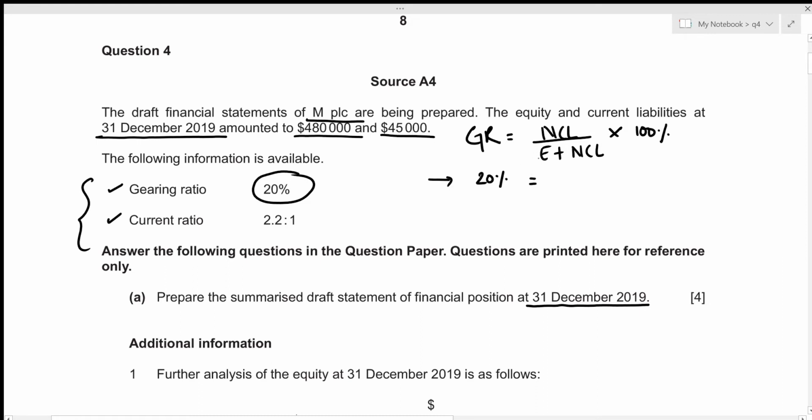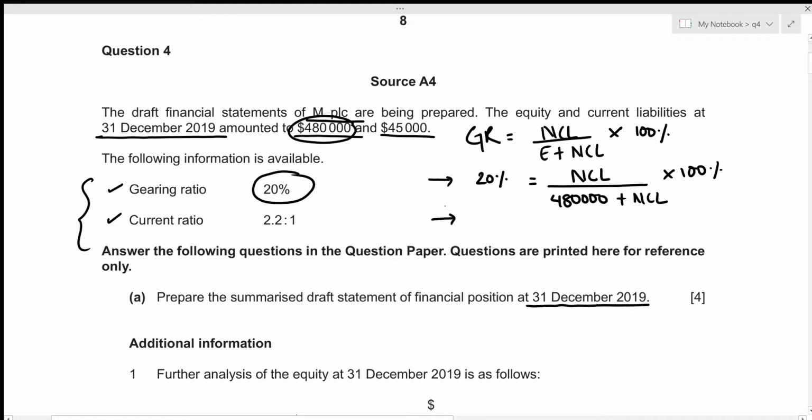Then we do not know the value of non-current liabilities, so that's the variable that we need to figure out. But we are given the value of equity right here. The equity at 31st December 2019 amounted to 480,000. So let's substitute this value plus the non-current liabilities times 100%.